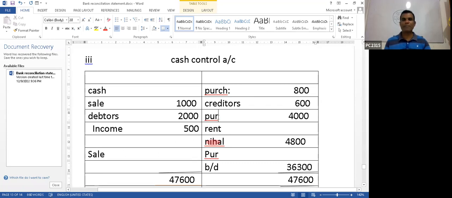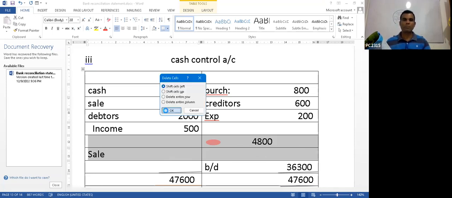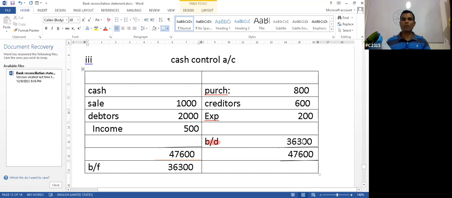And then expense is 200. Now take out the totals.